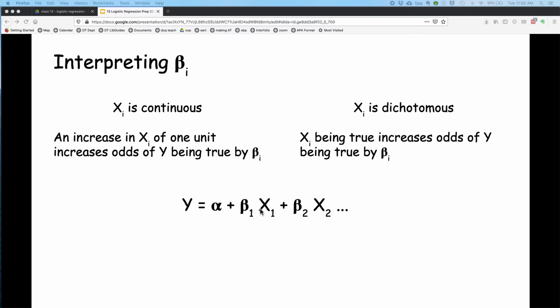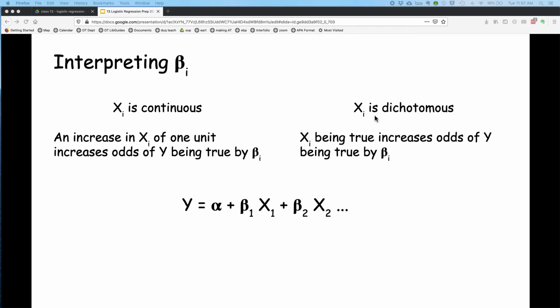And if your x variable, your predictor variable, is continuous, so it's something like height or weight, income, then an increase in 1 unit of your predictor variable increases the odds of y being true by your beta.